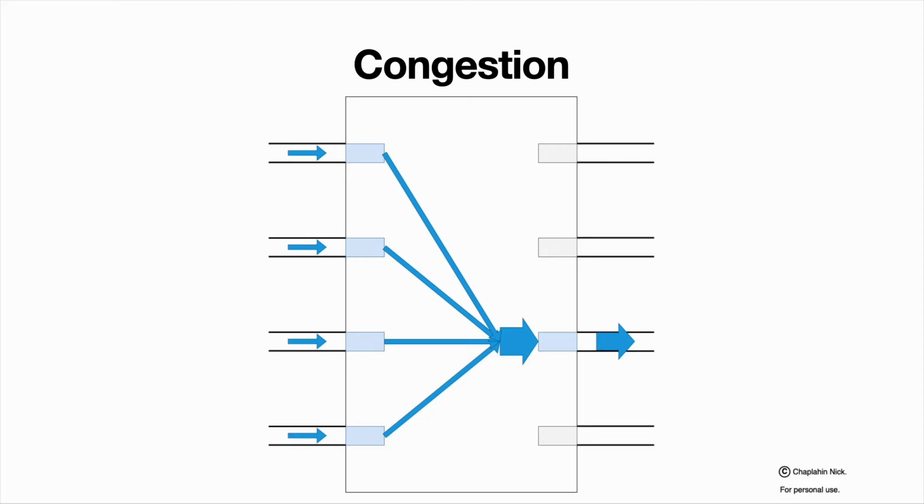And then again, we're receiving even more traffic to be transmitted from this egress port, and this causes the egress buffer to overload. We are attempting to transmit more traffic than we physically can.